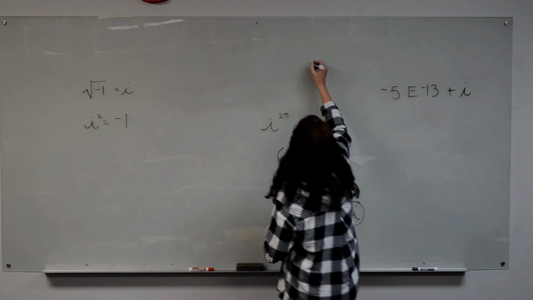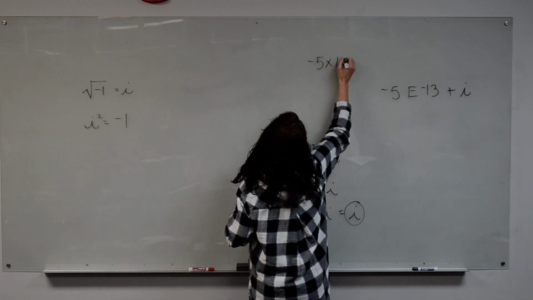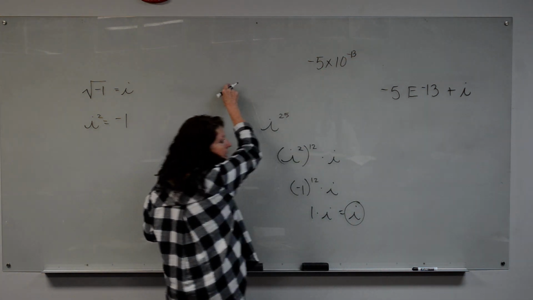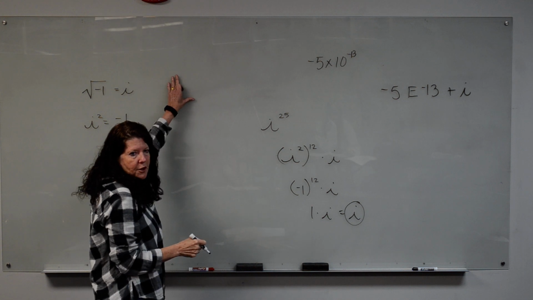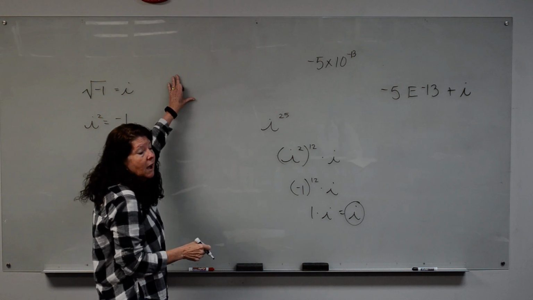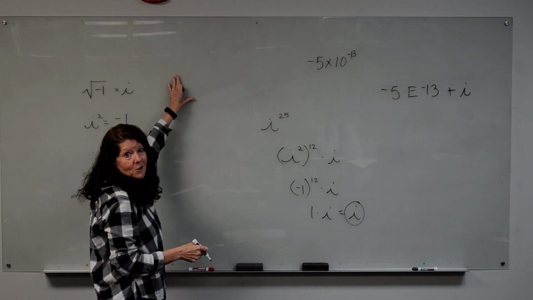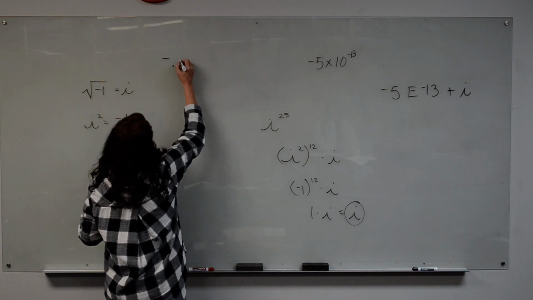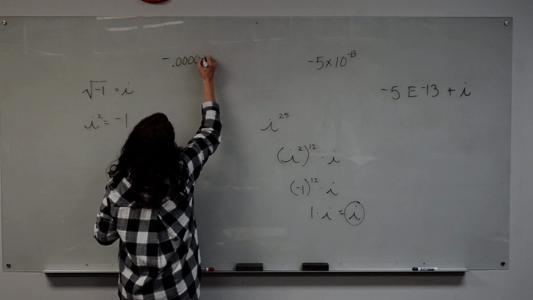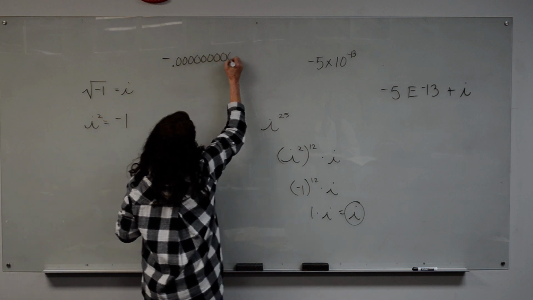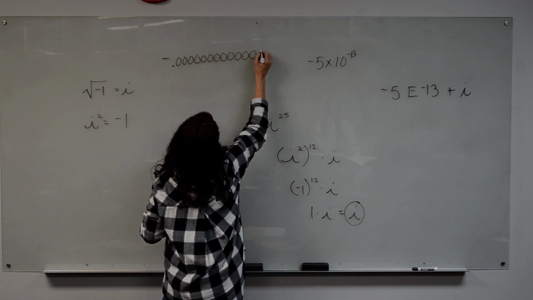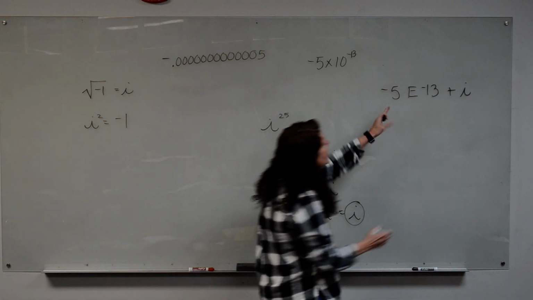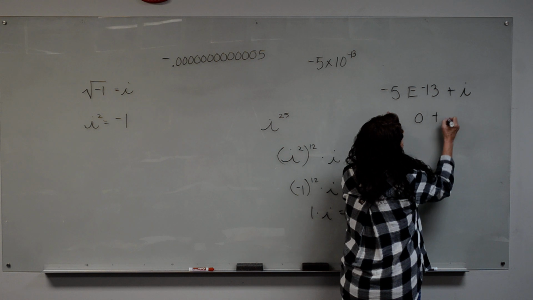So -5 times 10 to the -13th power means I'm going to take my decimal and move it to the left 13 places, right? That's pretty doggone close to 0. Okay, because you're talking -0.1, 2, 3, 4, 5, 6, 7, 8, 9, 10, 11, 12, and a 5. That's pretty close to 0. Okay, so this is like 0 plus i.